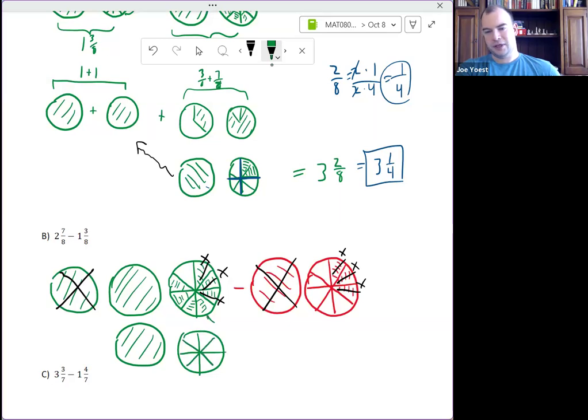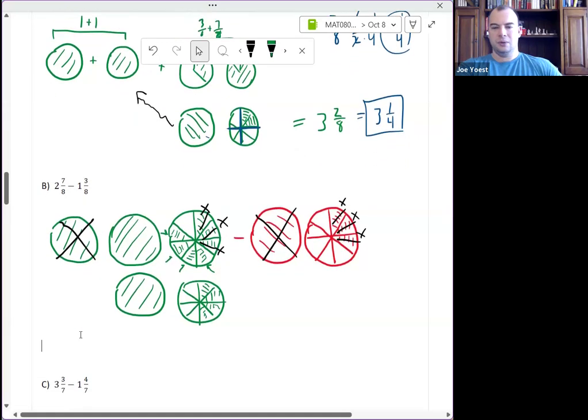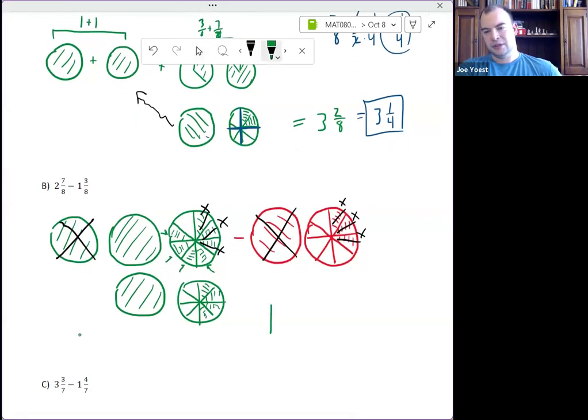And I have 1, 2, 3, 4. I'll rearrange them this way, maybe. So I'm left over with 1 and 4/8. Well, I also see that that is just a half a pizza.